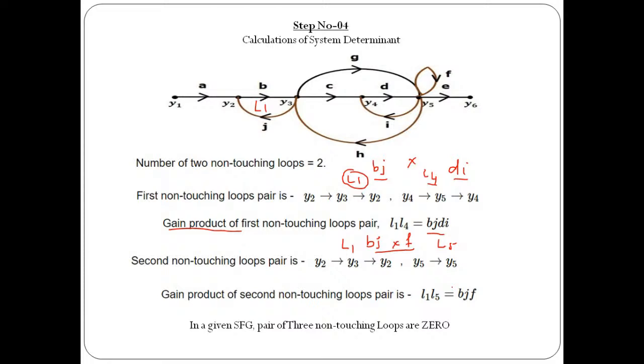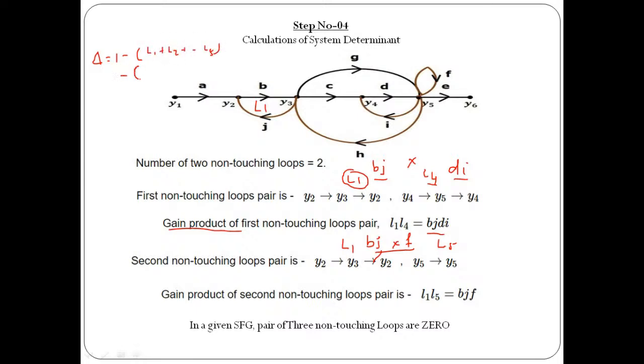So the formula to calculate the value of delta is restricted like this. Delta is going to be 1 minus the summation of individual loops, so L1 plus L2 plus and so on up to L5.